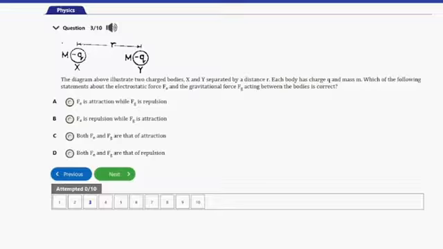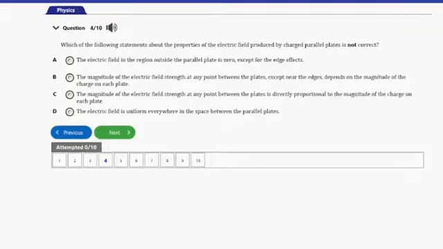Here we have two like charges, and we know that obviously like charges repel. So in this case, we have a negative Q here and a negative Q here showing like charges, and that will be of repulsion. So Fe is that of repulsion while Fg is that of attraction. And that's it for this question, option B. Let's go ahead and consider the next question, guys. That's question number 4 here.